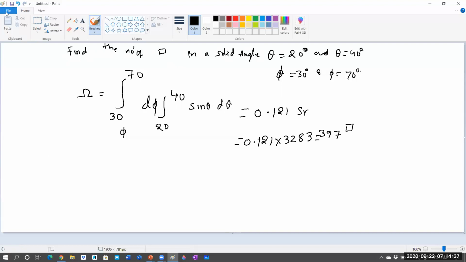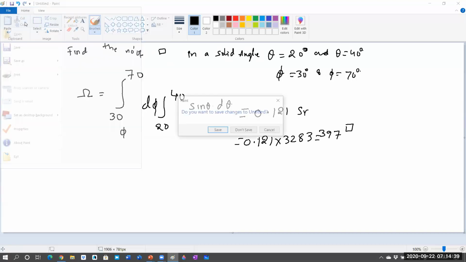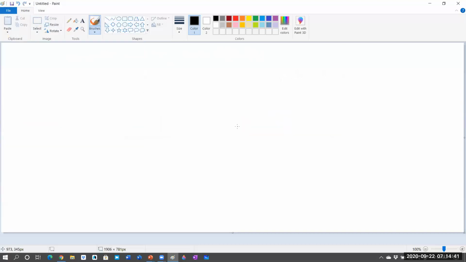What is the next parameter? The next parameter is radiation intensity.